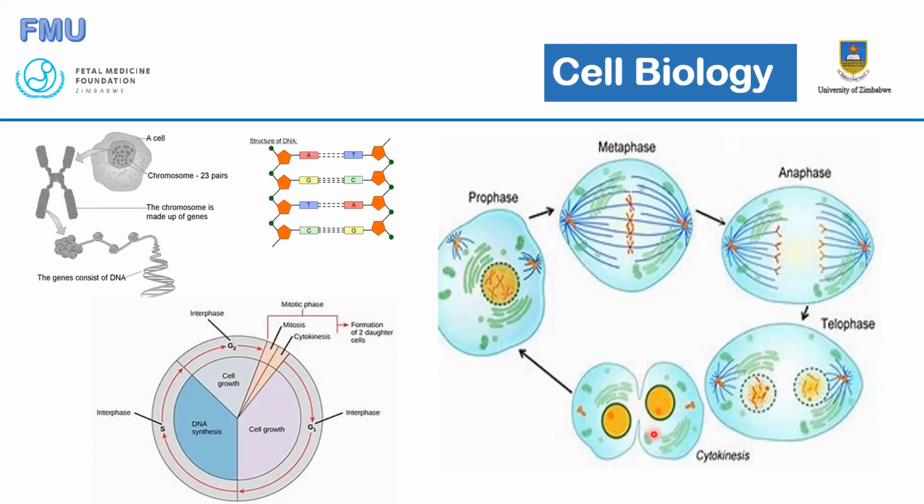So for us to study the chromosomes, we need to stimulate the cells to go into metaphase. Metaphase is that phase which allows the chromosomes, which are normally coiled together and difficult to analyze, to be studied. When the cell starts dividing and goes into metaphase, the chromosomes uncoil, unbundle, and they are arranged in such a way that we can analyze them.